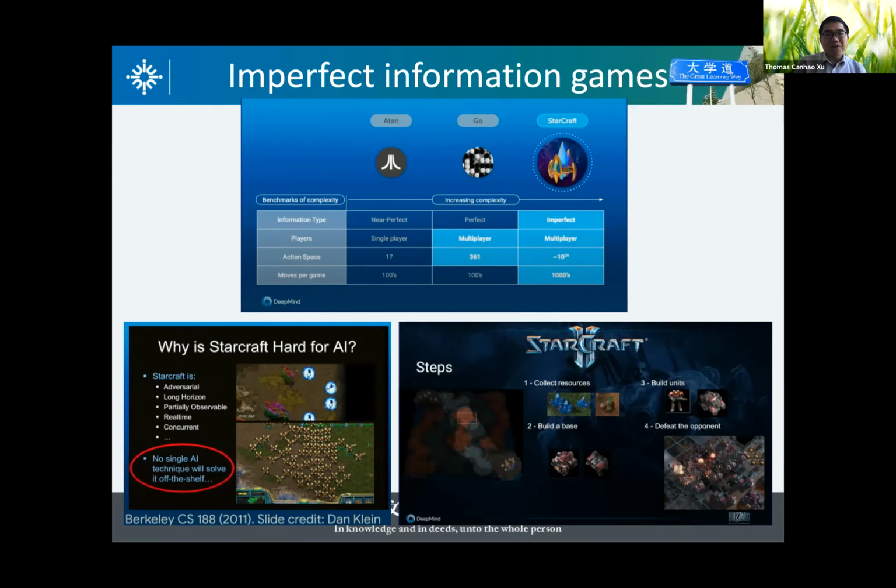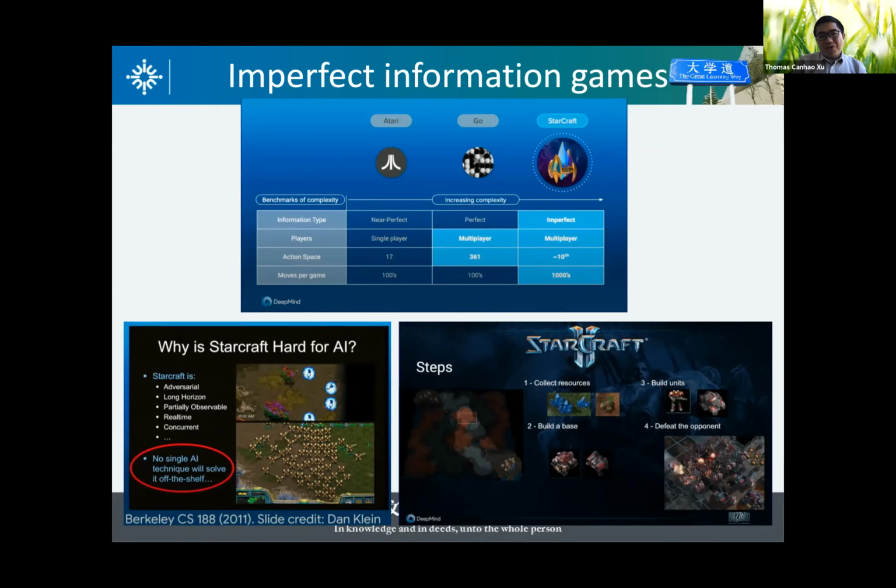For example, for Go, you have like 1 or 3 or 5 minutes per step to think about it. But for StarCraft, you don't have that time. The only thing you have is, let's say, milliseconds to think about it. So it's even more difficult.